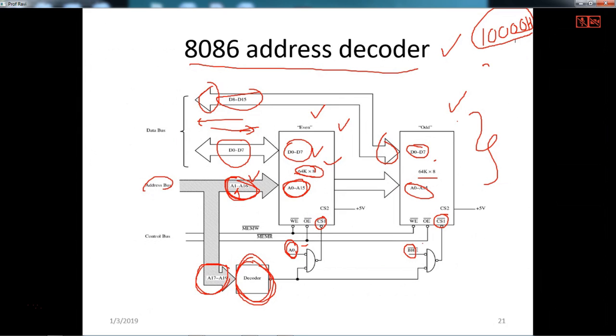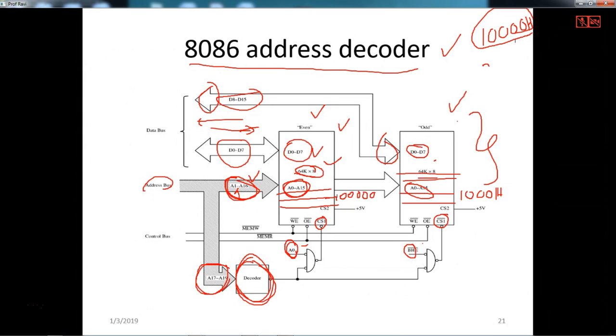See here it has 64,000 locations. So this memory location should be given an address of 10000, and this address would be 10001. This is an odd address. So there are 64,000 locations here, 64,000 locations here.